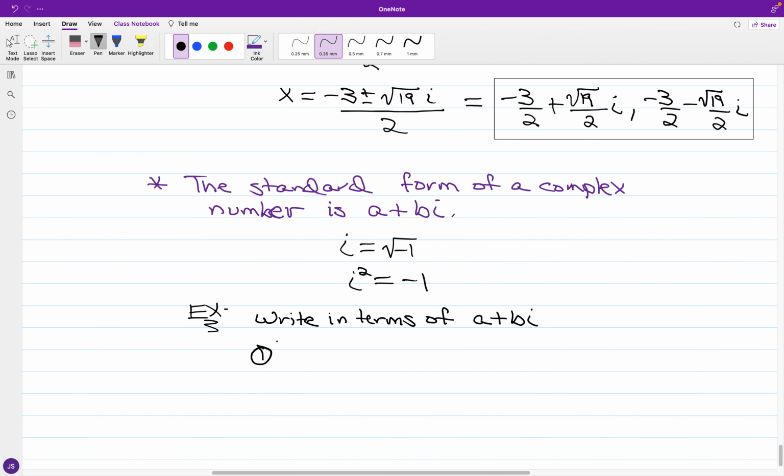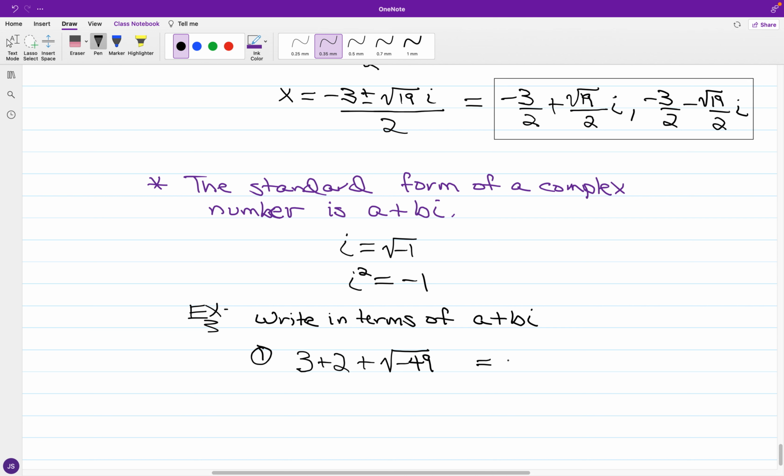Let's say for case number 1, I have something like 3 plus 2 plus the square root of negative 49. So we got 3 plus 2.